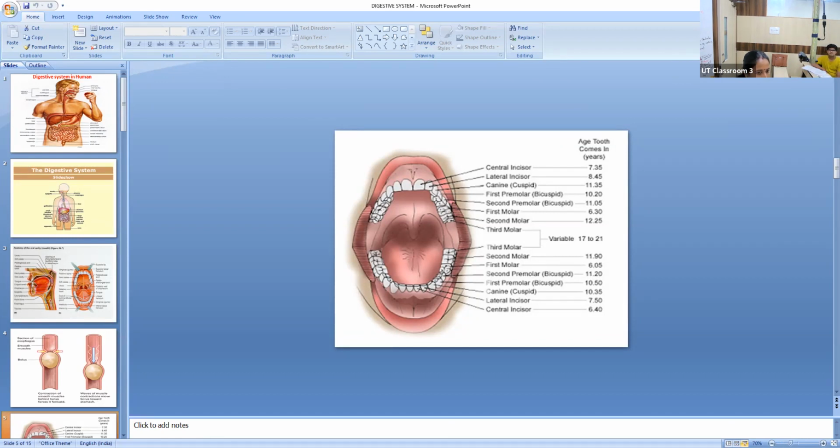When I talk about the parts of the small intestine, see here, this small intestine that I show you.